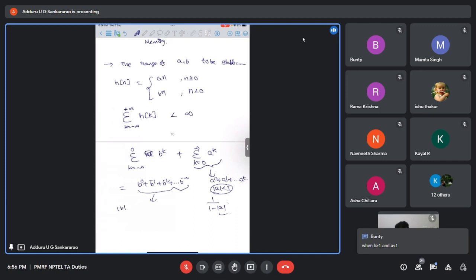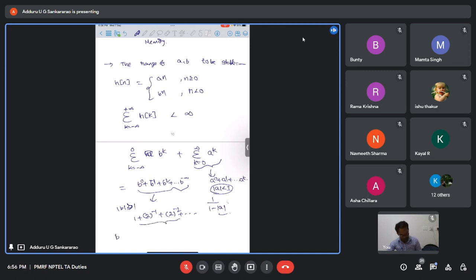Here, if mod b is greater than 1, the powers are negative, right? So b power 0 is 1, then 2 power minus 1, 2 power minus 2, like this. It will become a finite quantity.